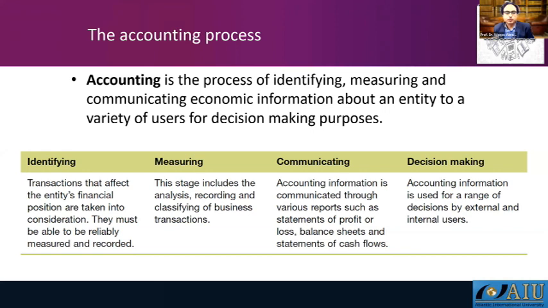You have to identify the entity, and all the transactions happening in a business on a daily basis must be reliably, credibly measured and recorded appropriately. The identification of an entity is different from the owner, and that is the first step.